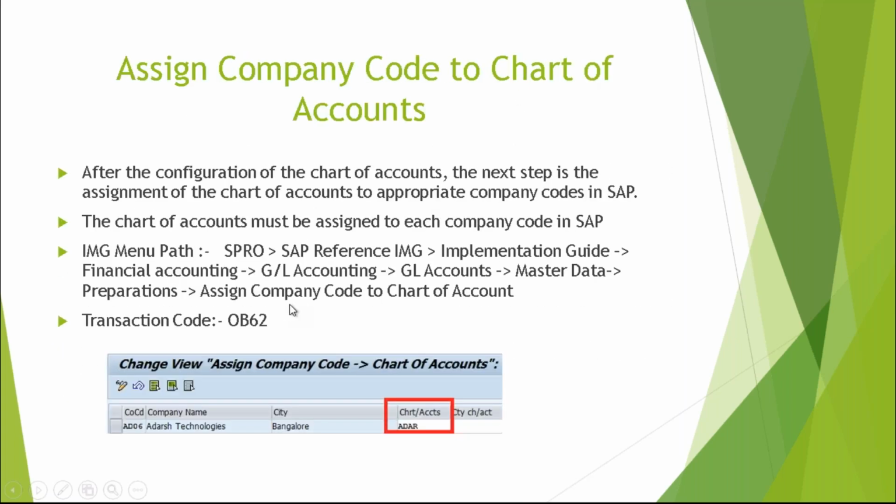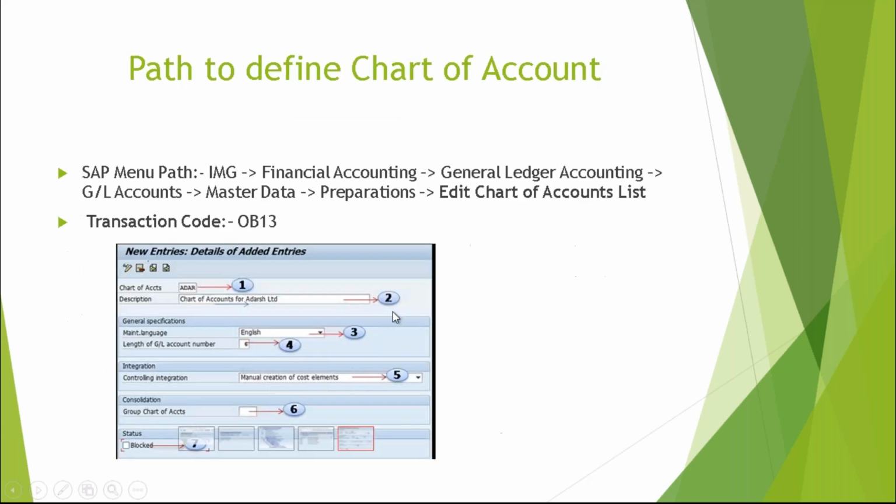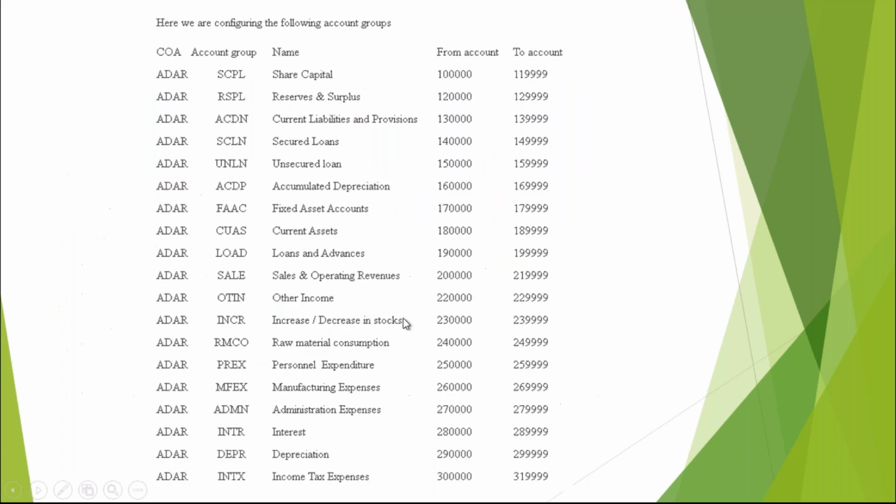We have also come across the GL length in the chart of account, the length for the GL account number, 6. This length is defined for the accounting group. So if I define 6 there, I will be giving 6-digit values only. If I represent 6, 8, or 9, that is the length we can give. This is the length of the GL number.